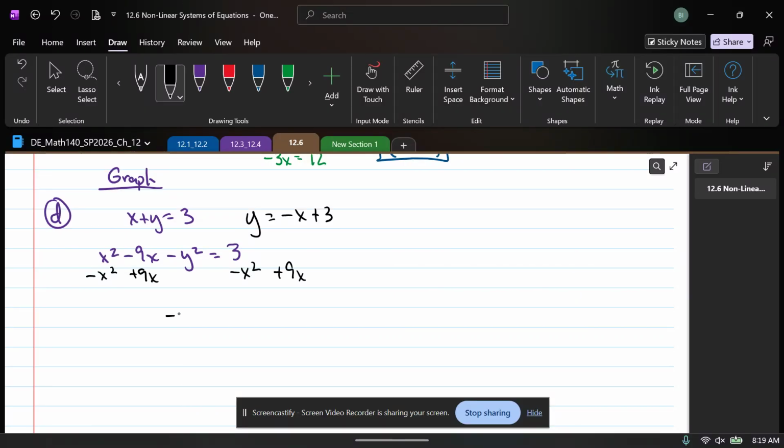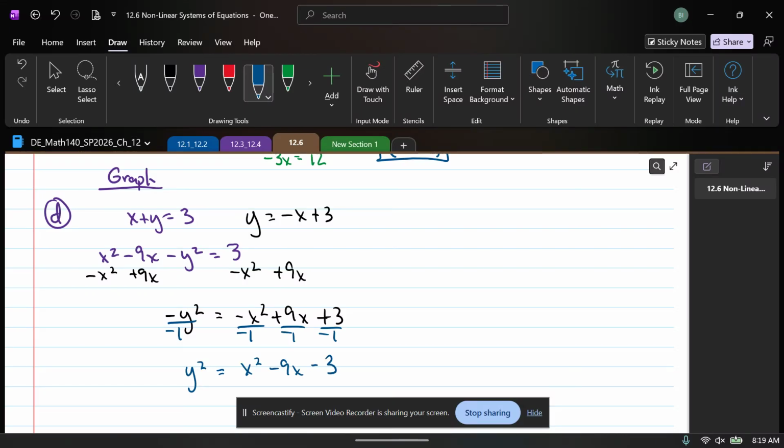So that's going to give me negative y squared is equal to negative x squared plus 9x plus 3. And I'm just putting in descending order out of habit there. Now, I got to get rid of this negative on the front of the y squared. So what do I do? Divide by that negative 1 that's there. That's y squared is equal to x squared minus 9x minus 3.